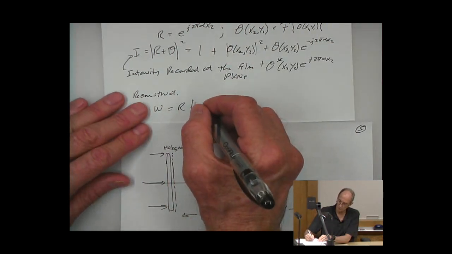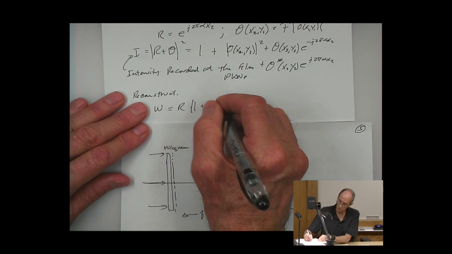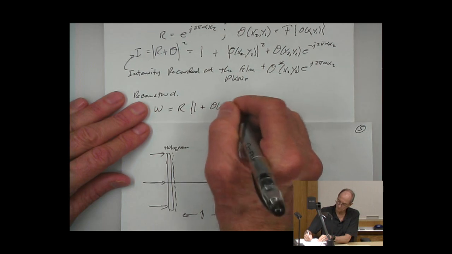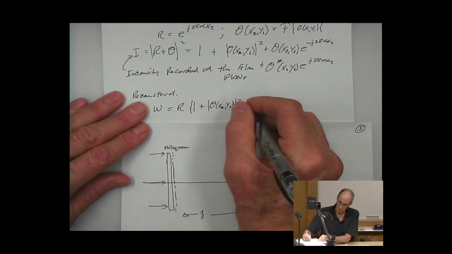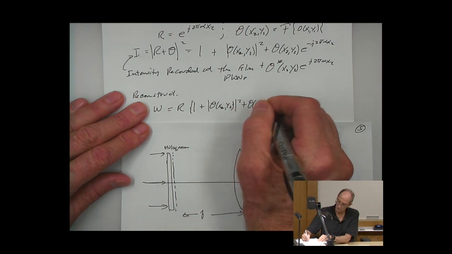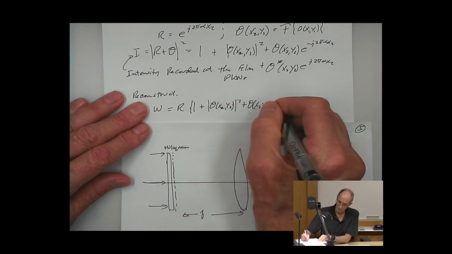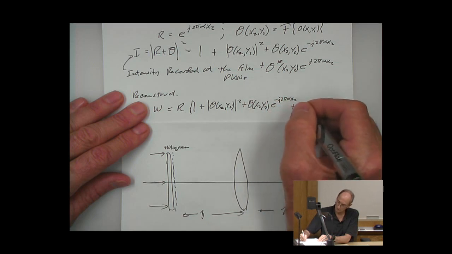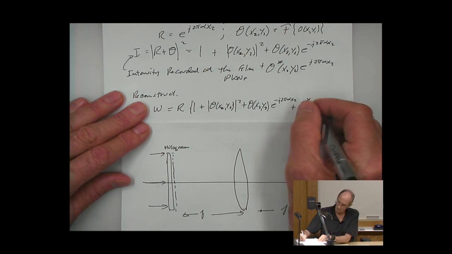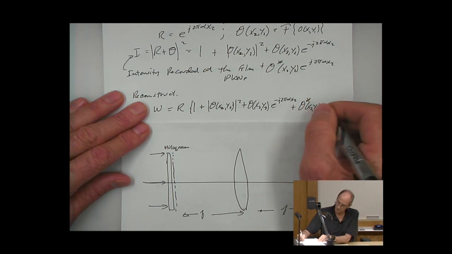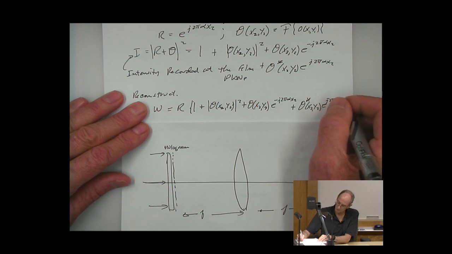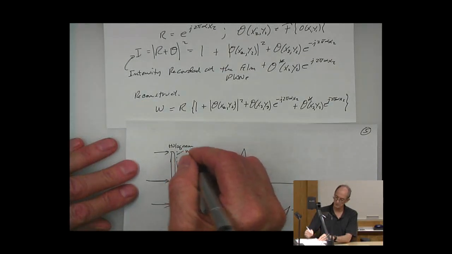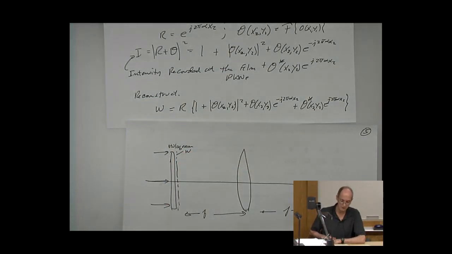So we have 1 plus the O spectrum of x2, y2 squared plus O of x2, y2 e to the minus j 2 pi alpha x2, and then plus O star of x2, y2 e to the plus j 2 pi alpha x2. All right, so that's what we have right here. This is where this field W is.